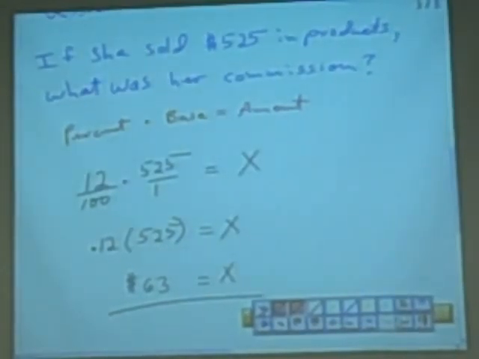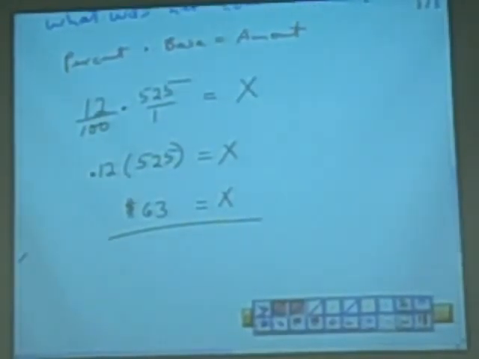Dollars, apples, whatever. Because you don't want to get into the habit of just punching buttons and not knowing what you're working with. Okay? So you want to get into the habit of writing down what your units are.